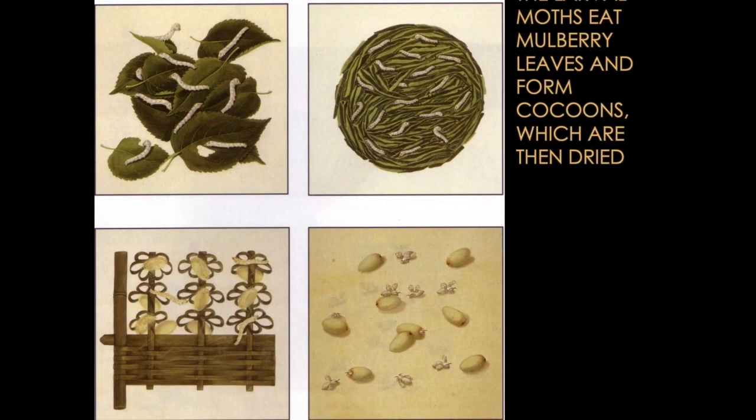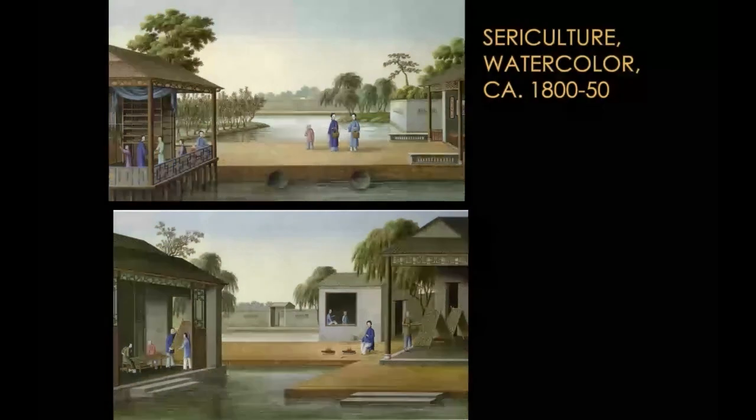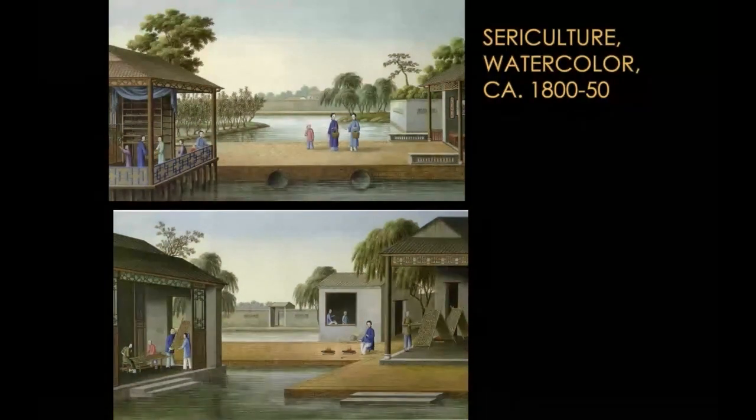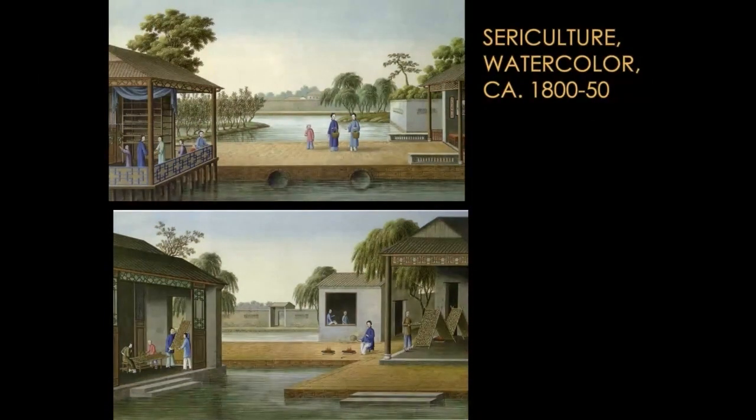And then eventually they make these cocoons, but you interrupt in the middle so that you don't want the fly. Or sometimes you waited, but then they boiled it in hot water in order to make the cycle faster.